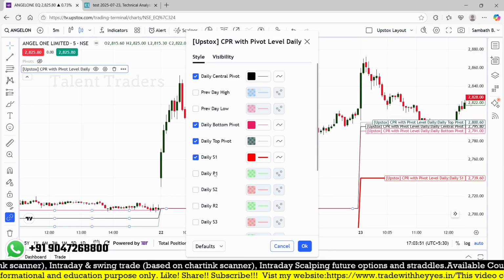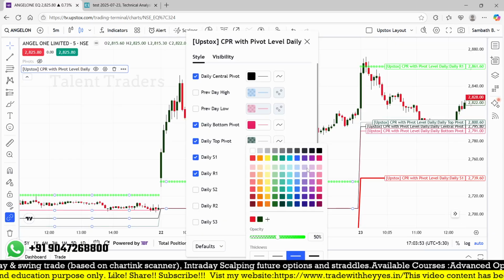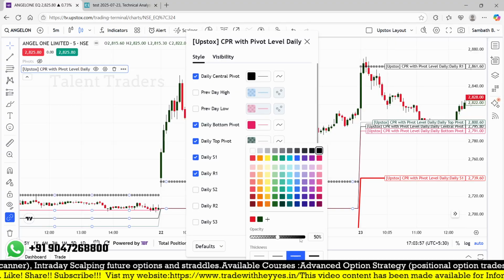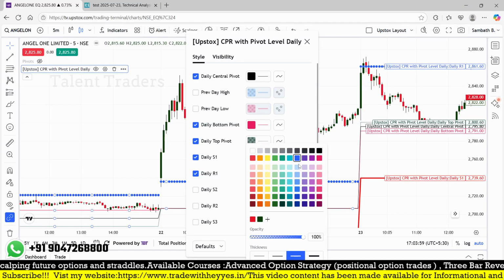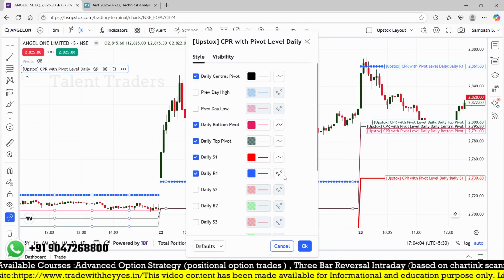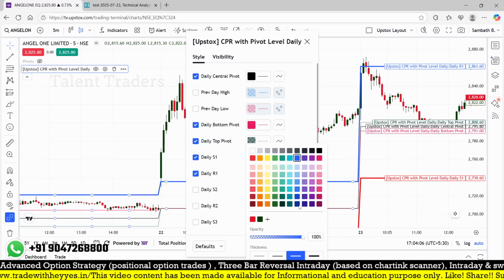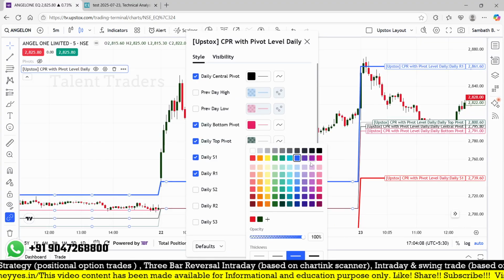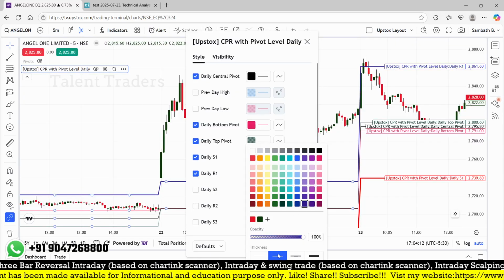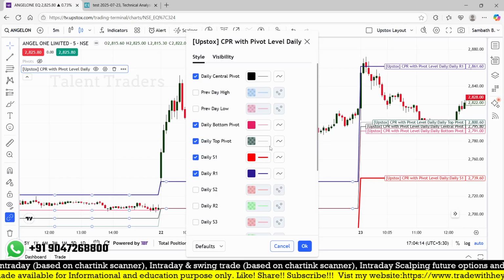At the same time, R1 we can make some other color like blue or even black. Yeah, I think that's good enough.